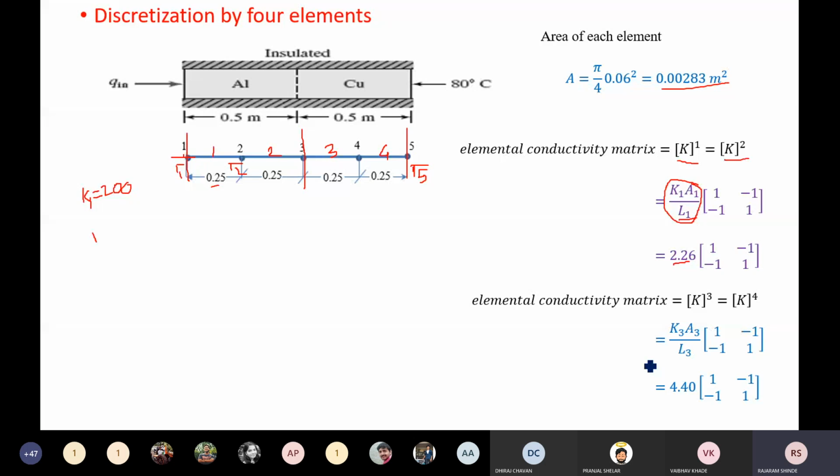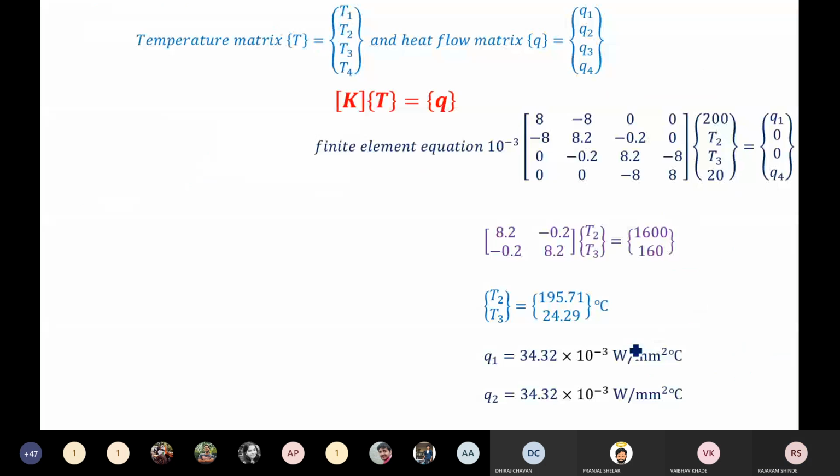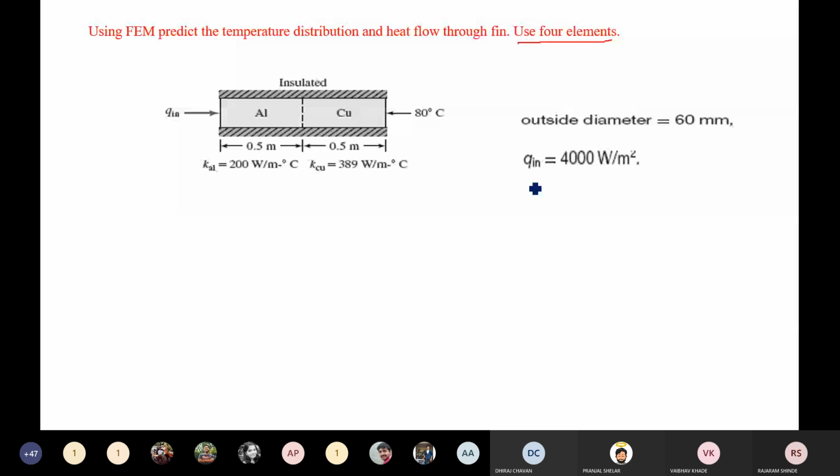Q in is here 4,000, and your Q out is approximately equal to 3,996. Am I right? 3,996.